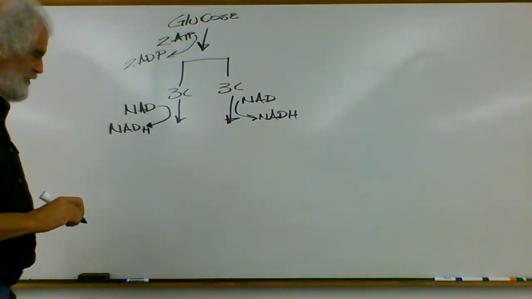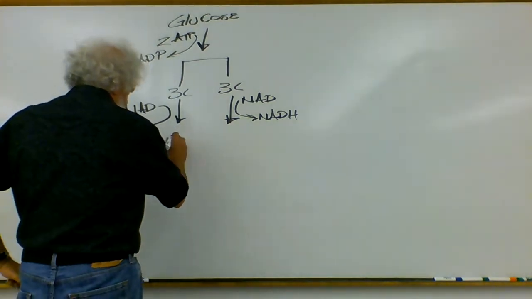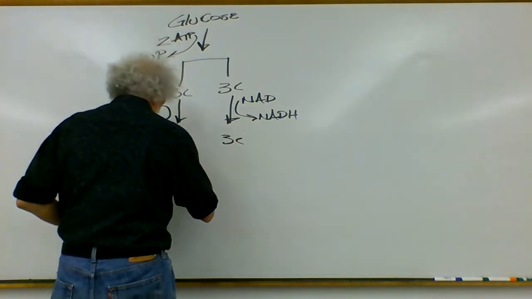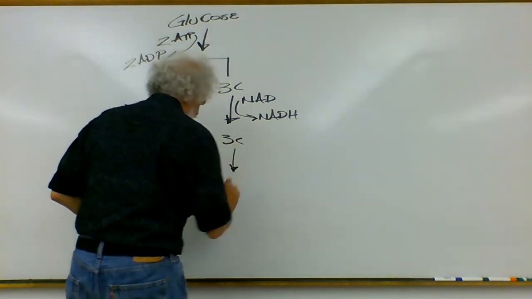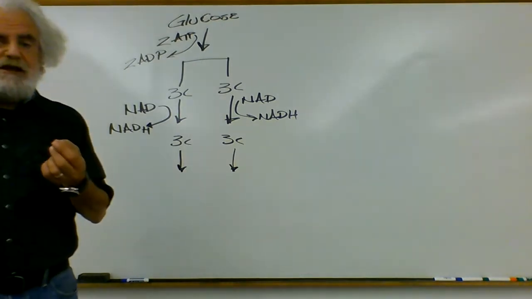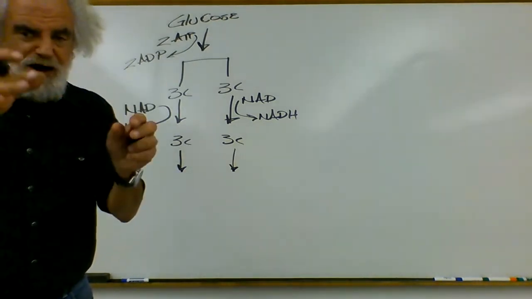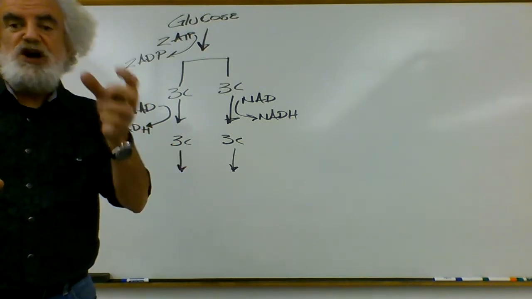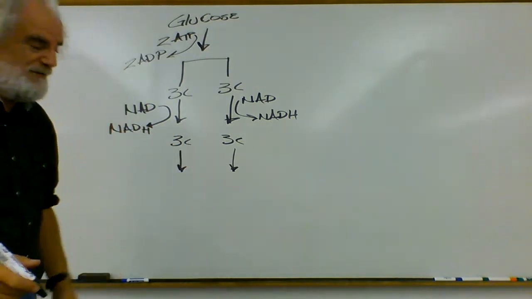The next step, we still have 3 carbons, but now we're going to actually extract some energy from this molecule by taking some of the energy in the bonds and using that to drive the rephosphorylation of an ADP. We actually have 2 ADPs.